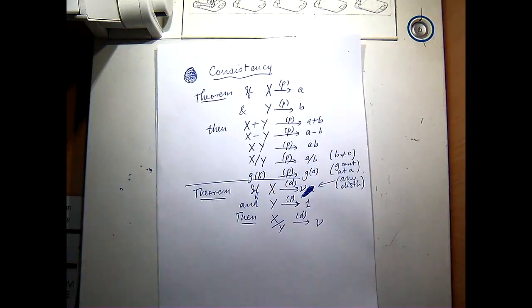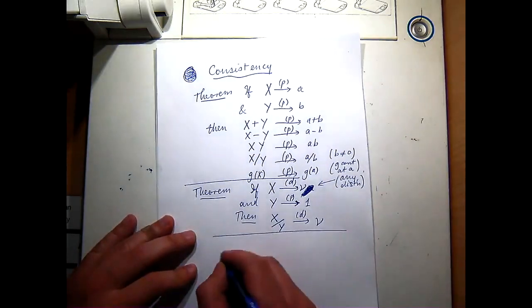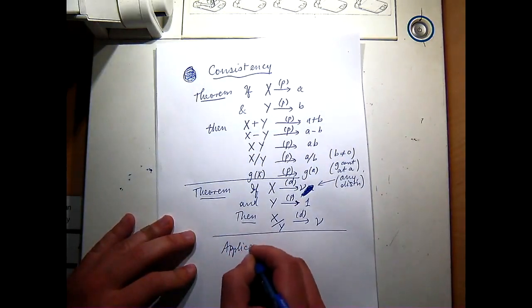In other words, if you're dividing by something that tends to 1, the ratio tends to the same distribution. We've actually used that a couple of times, maybe implicitly.